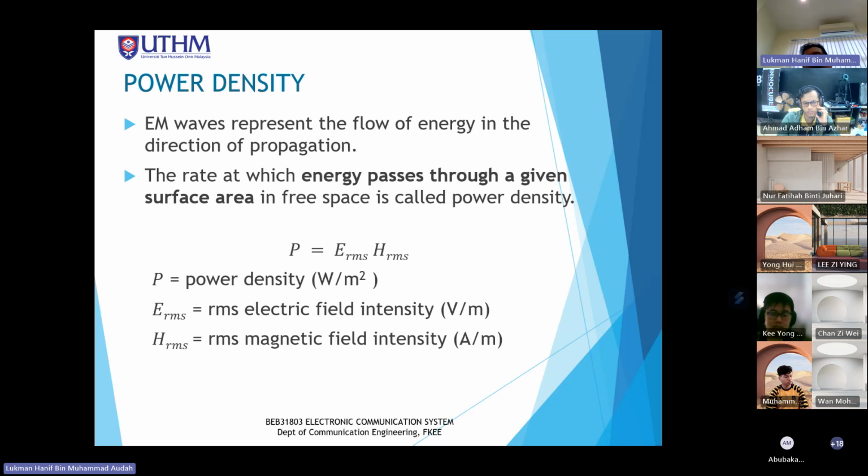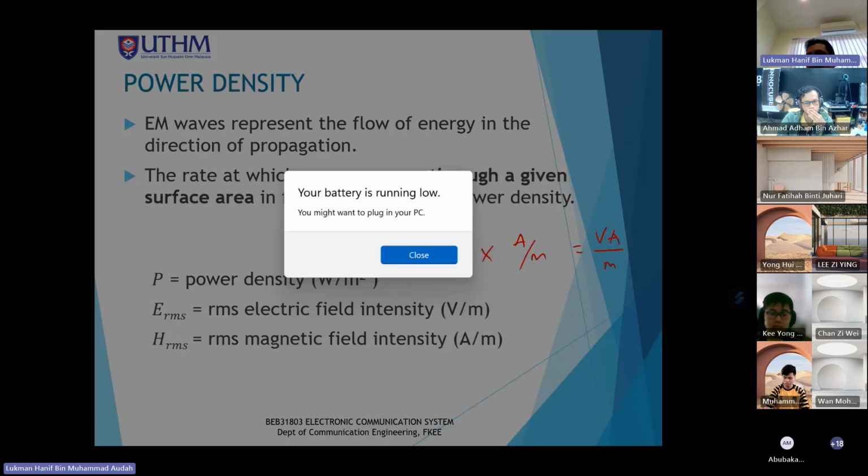So the first equation we can use is E times H, the electric field multiplied with the magnetic field. So this is volt per meter multiplied with ampere per meter, so you're gonna get VA over meter square.